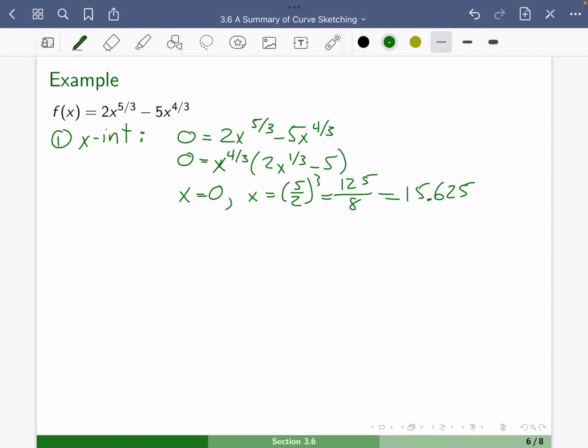So those are the x-intercepts at 0 and 15.625. The y-intercept, we just plug in 0 for the x value. So y equals 0 is the y-intercept.